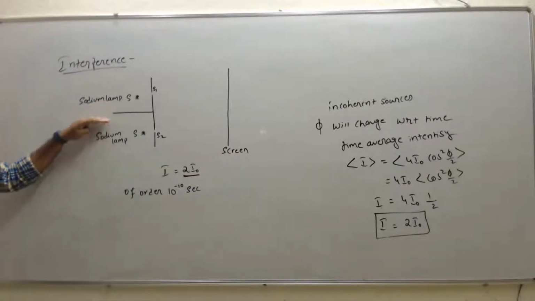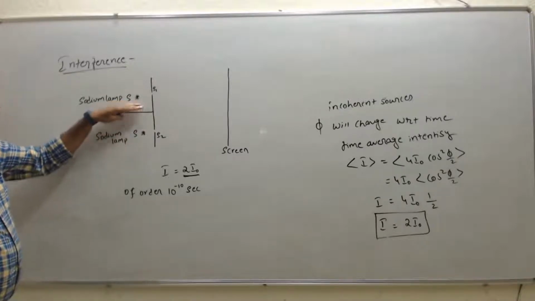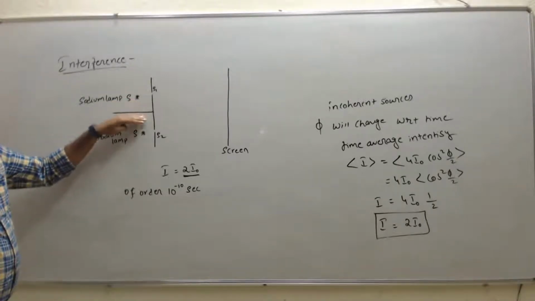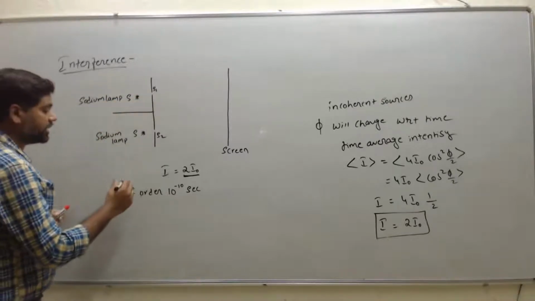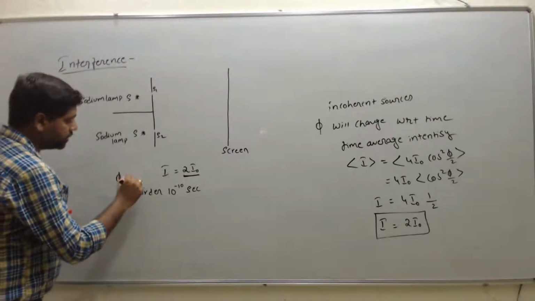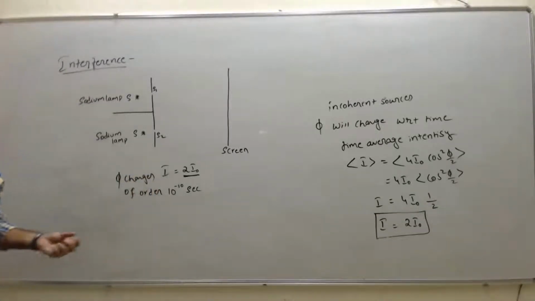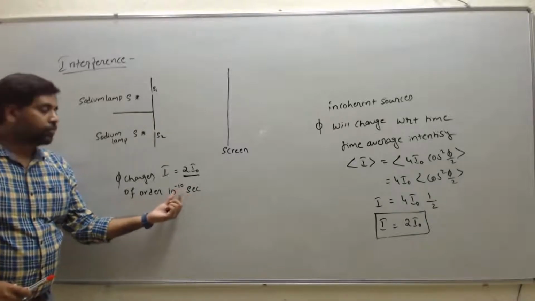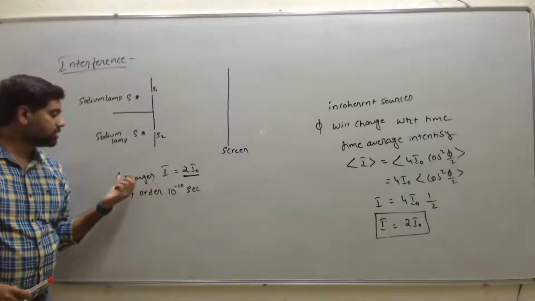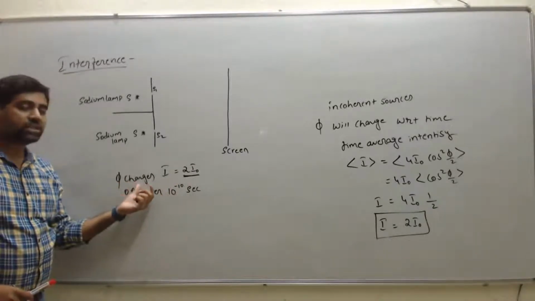So here, considering two same sodium lamps, they are vibrating abruptly, that is very fast. The phase difference changes with respect to time, on the order of 10 to the power of minus 10 seconds. In this time the phi changes.